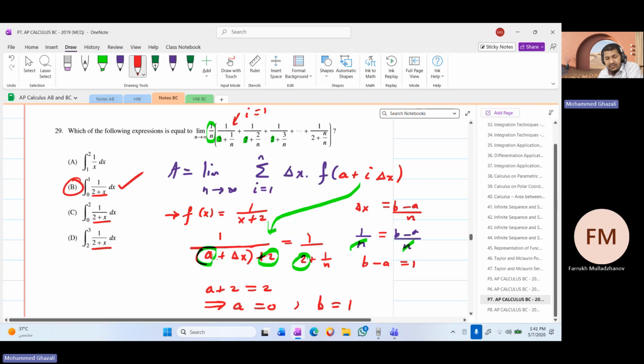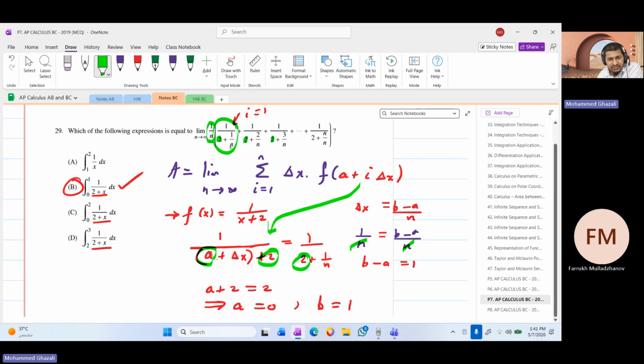So if I'm finding f of a plus i delta x, I'm choosing a value of i as 1, so I'm only taking the first term into account. If I substitute a plus delta x into this function, I'm going to get 1 over a plus delta x plus 2, bracketed.